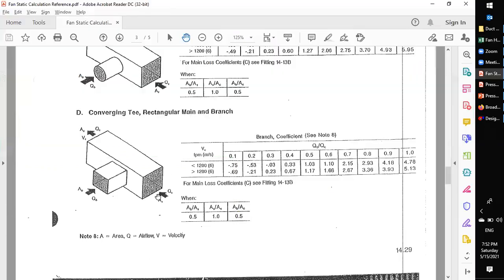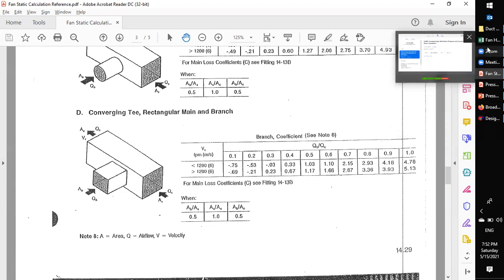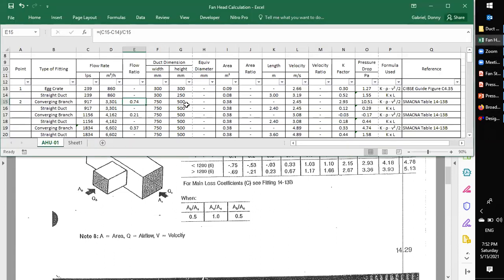Okay. At 0.74, you can see here, between 0.7 and 0.8. And here it says we need to check the velocity: is it higher or lower than 6 meters per second? We'll double check.